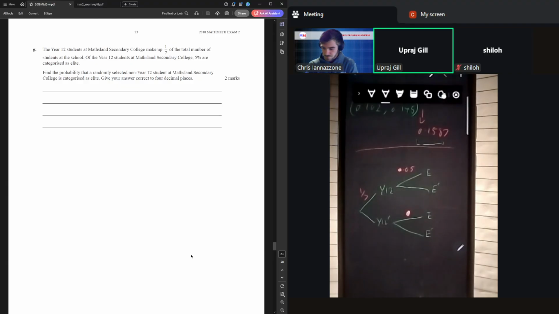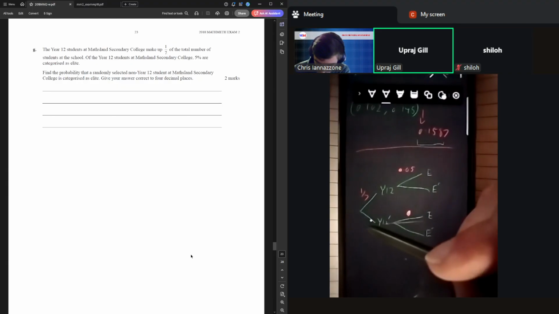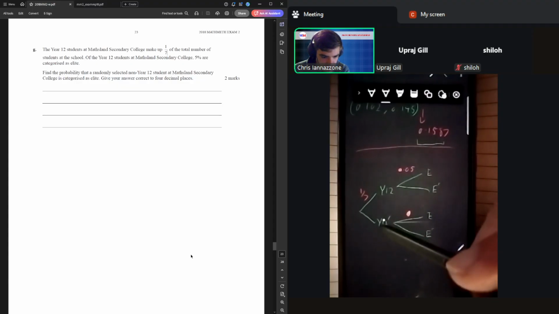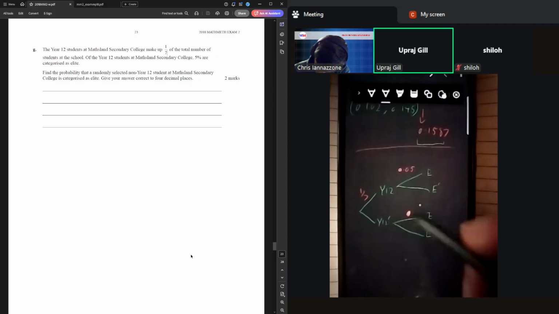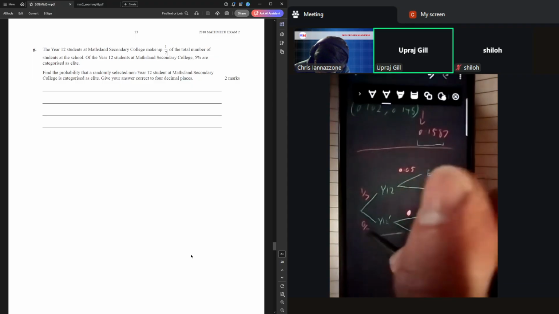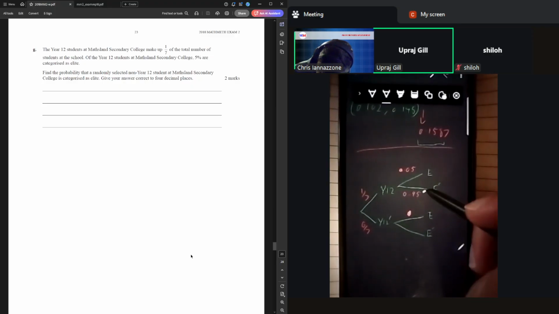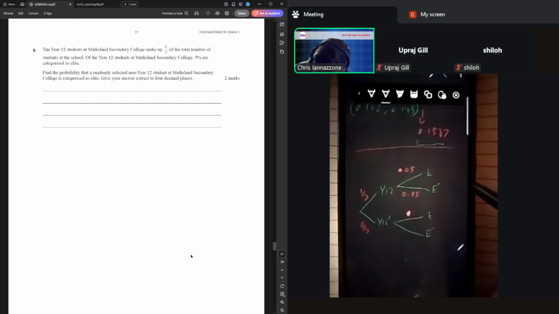The amount of non-Year 12s and non-elite Year 12s, for sure. What are those numbers going to be? 6 over 7 and 0.95 or 19 over 20. Yep, both of those work. So that's about as filled as this tree diagram is going to get now. We don't have enough information to do anything here, at least not yet.